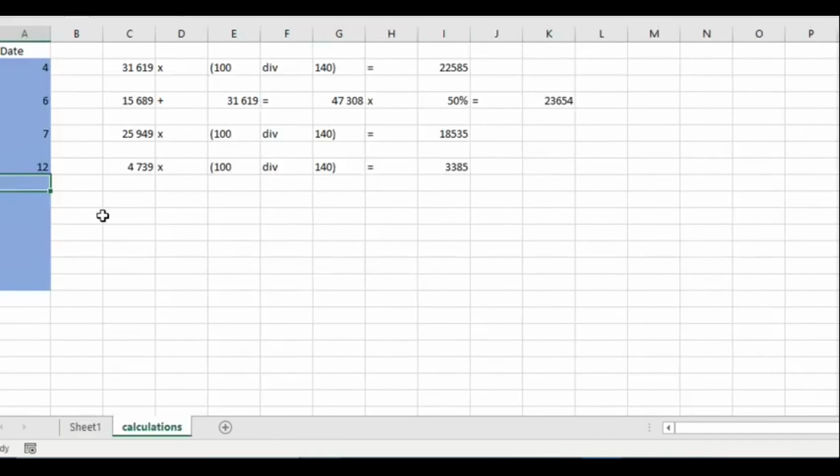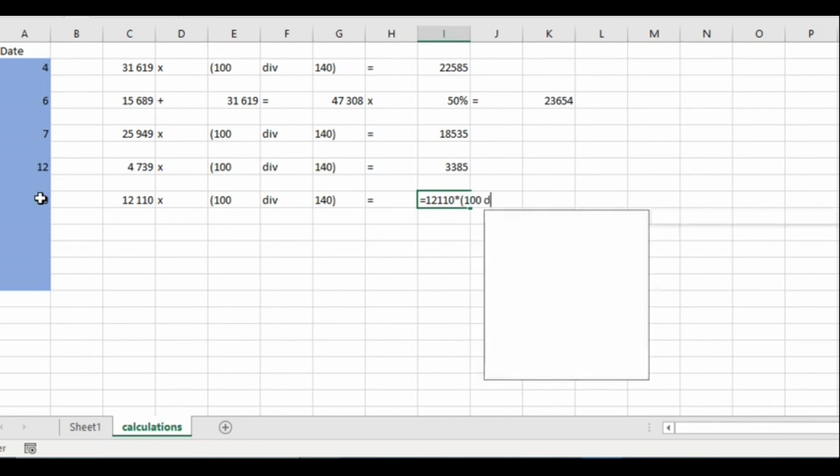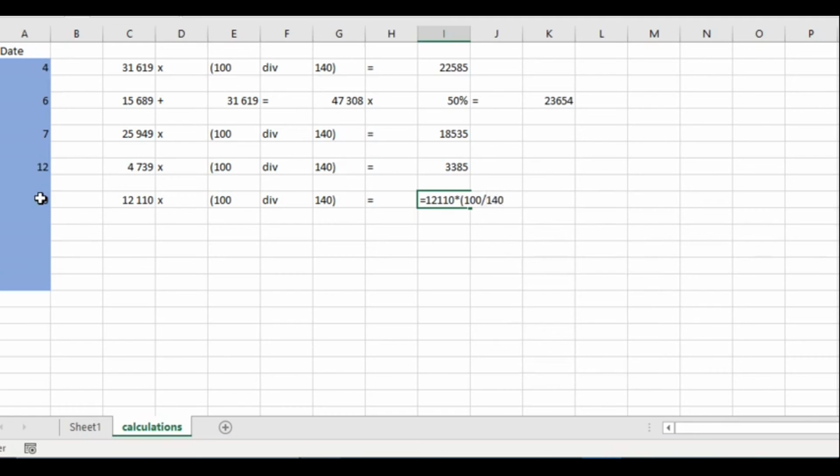Then we're going to calculate our cost of sales. So it's day 20, which is 12,110 multiplied by what I want, 100, divided by what I have, 140, which is equal to 12,110 multiplied by 100 divided by 140.